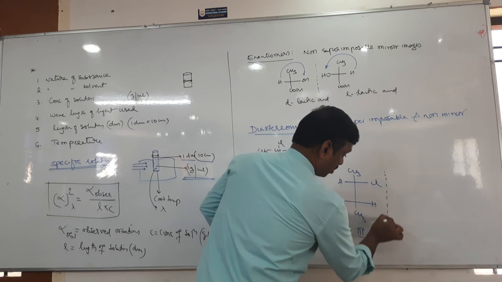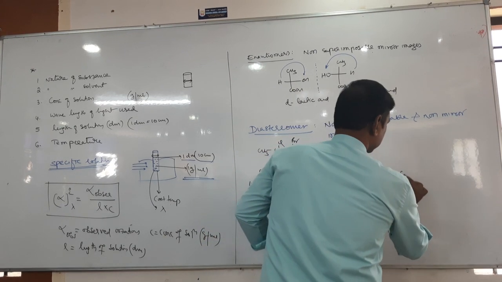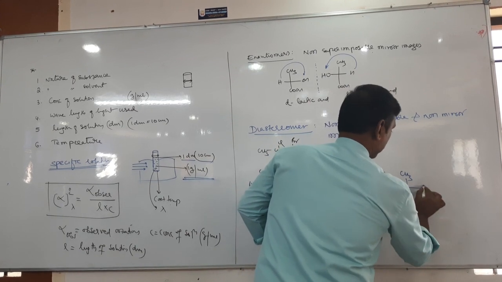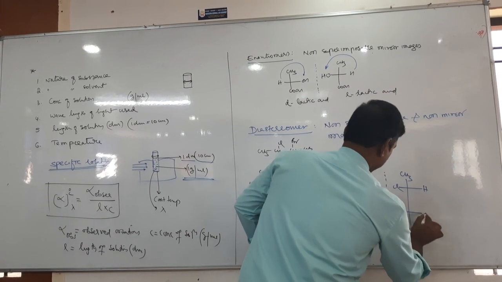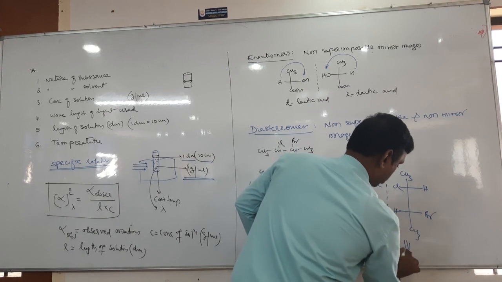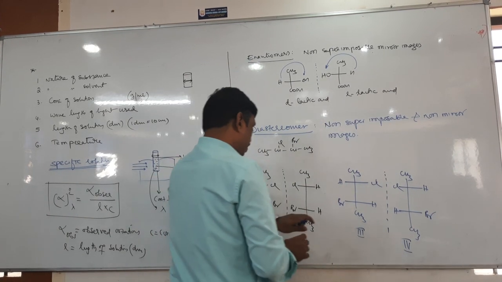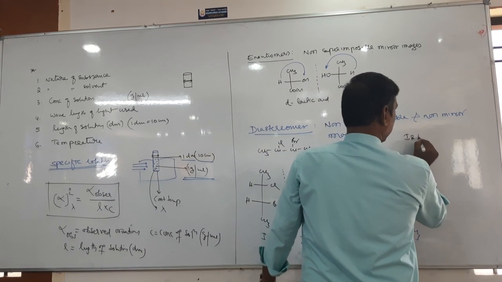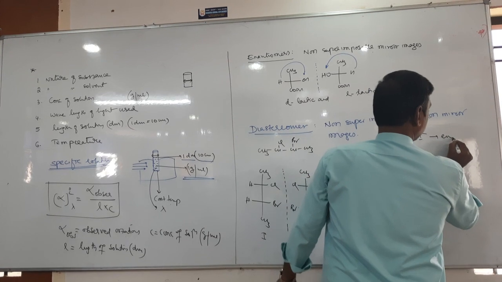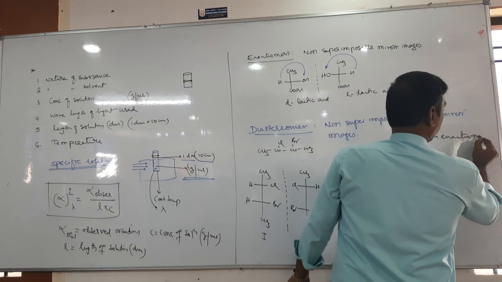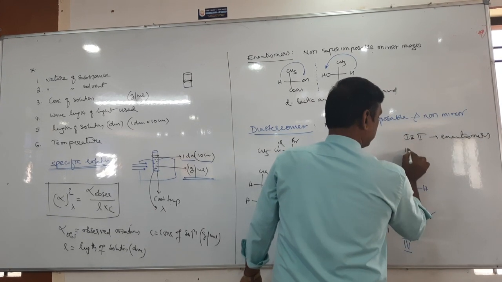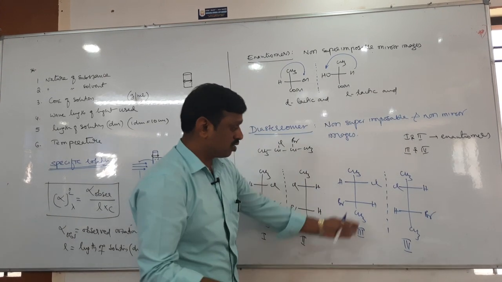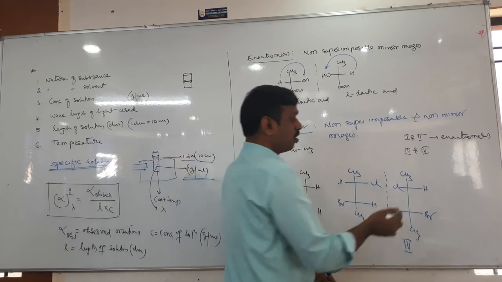I'll write another structure for this. Take chlorine, hydrogen, here is hydrogen, here is Br. Take structure 4. Now tell me, 1 and 2 are what? 1 and 2 are enantiomers, and 3 and 4 are what? They are also enantiomers, because they are non-superimposable mirror images.